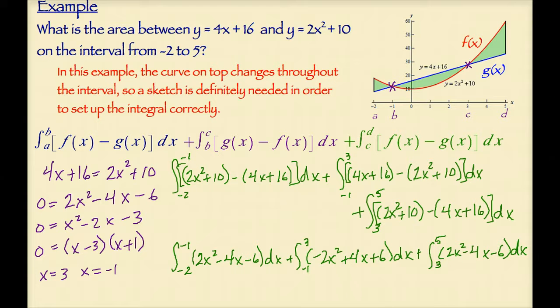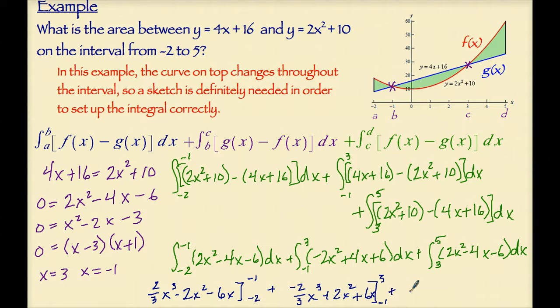When we integrate, we'll end up with 2/3 x cubed minus 2x squared minus 6x from -2 to -1. We're going to add to that a -2/3 x cubed plus 2x squared plus 6x from -1 to 3.